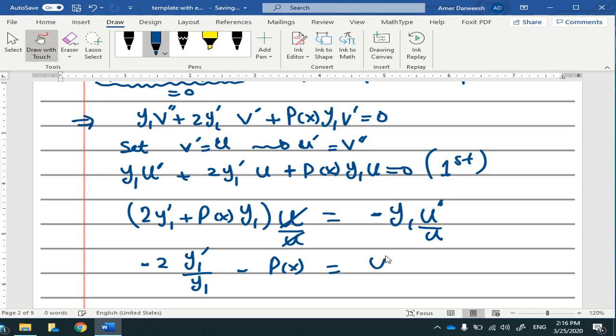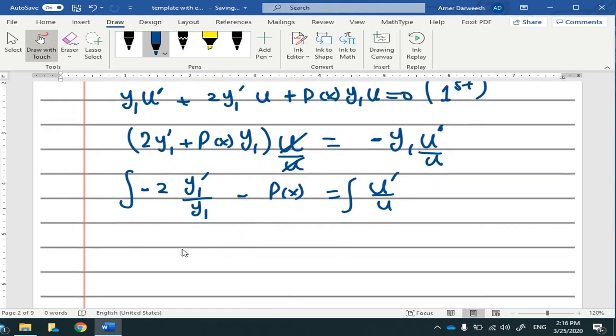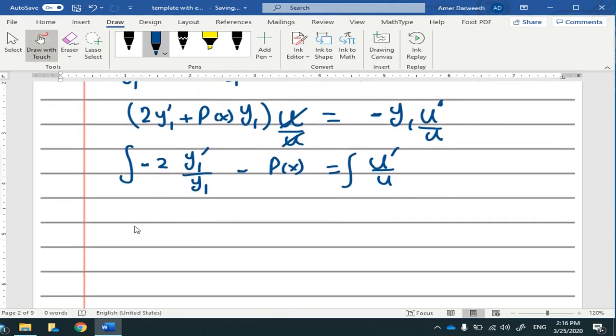Now we integrate both sides. The integral of the first term is natural log of u. I can take out the absolute value because we can choose the constant to have plus minus for the absolute value.